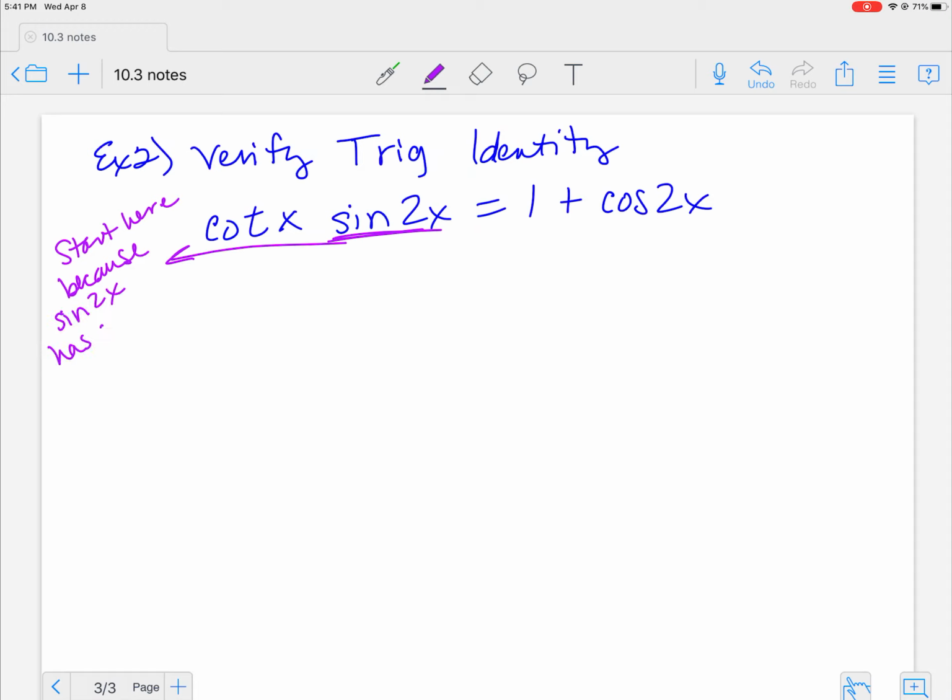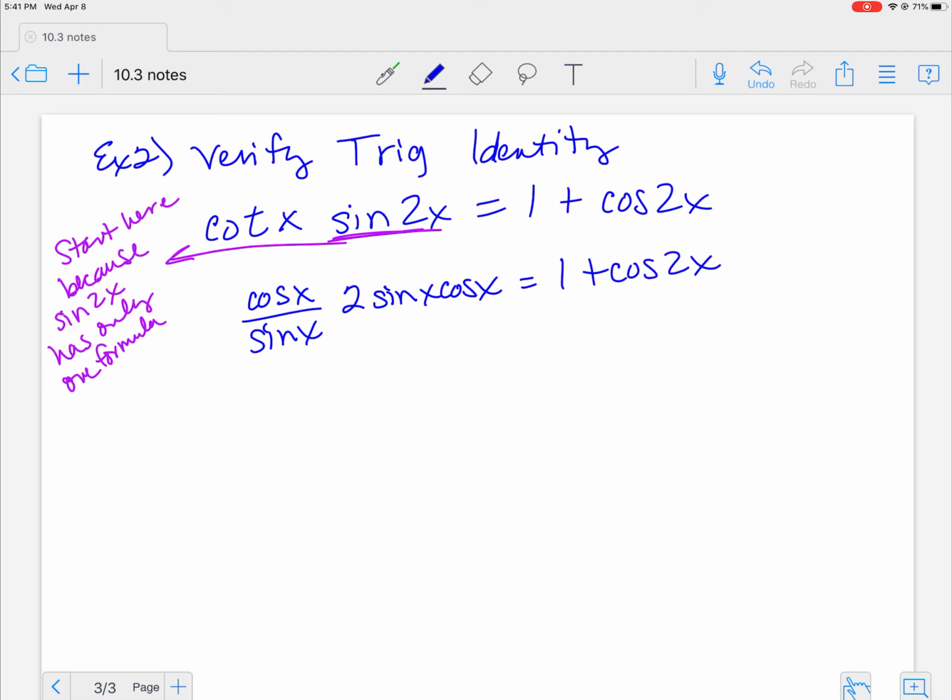I don't know which one I'm going to use. In lieu of just trying a whole bunch to see which one plays out, start over here with the path of least resistance, if you will. Something that is easier to work with. So because sine 2x only has one formula, let's put this in terms of sine and cosine.